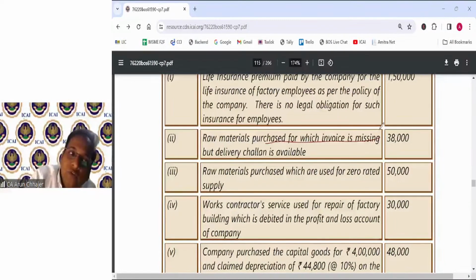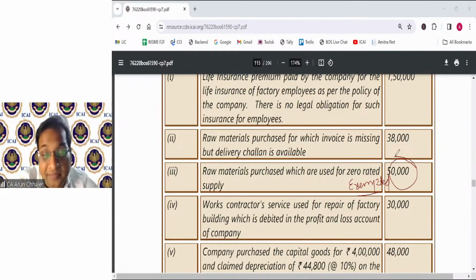Raw material which is used for zero rated supply, now they are saying it is used for exempted item. Now, what do you say? Can we take the ITC or not? Here, I would like to highlight section 16 subsection 2 of IGST Act. Point to be noted.